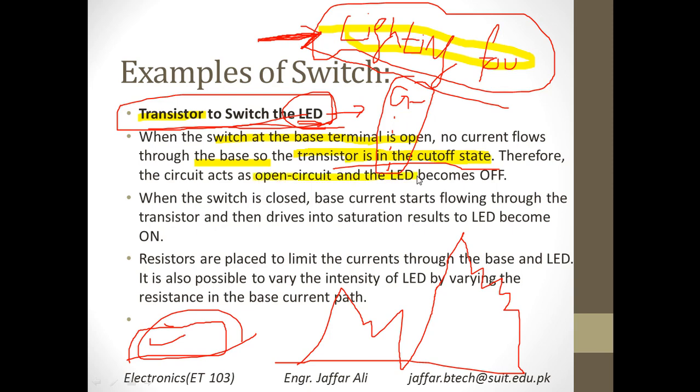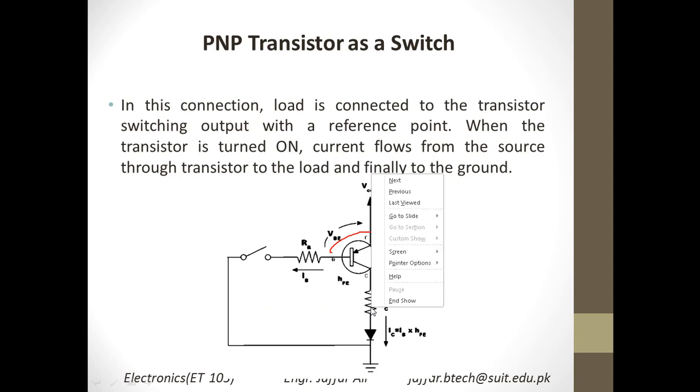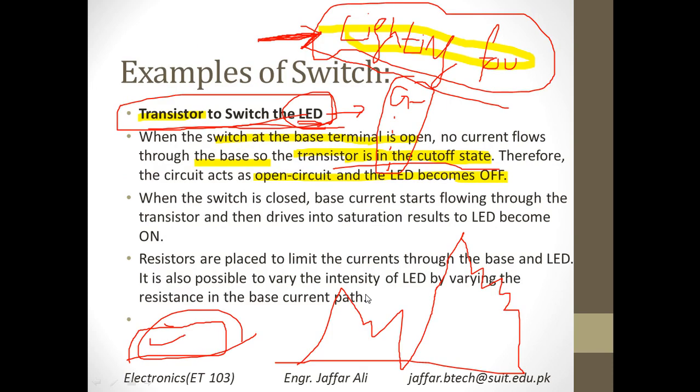So you see that the LED becomes off. Let's say this is your load RC. Instead of your load you put an LED over here. There will be no current and the circuit will be open, so it means the LED will be off. When the switch is closed, base current starts flowing through the transistor and drives it into saturation, which results in the LED becoming on.